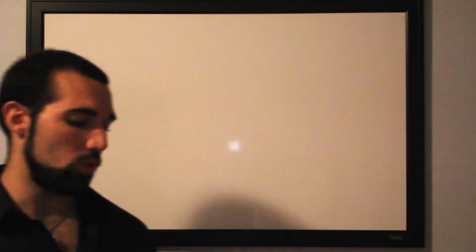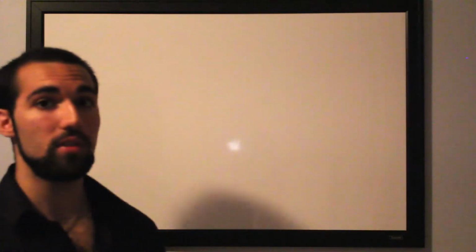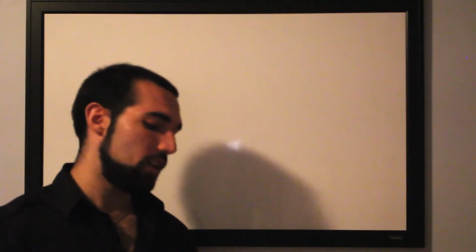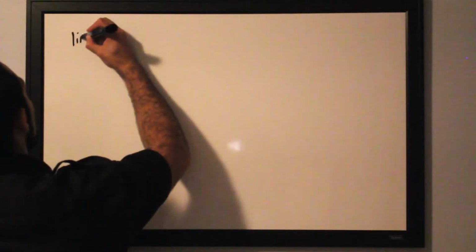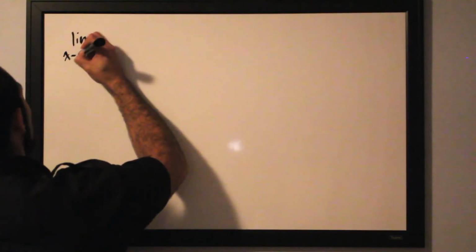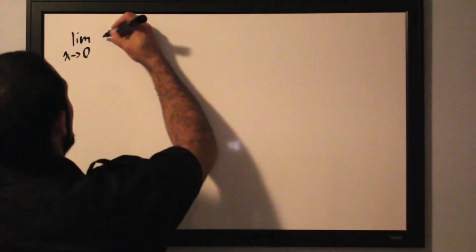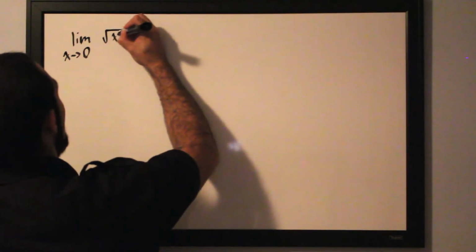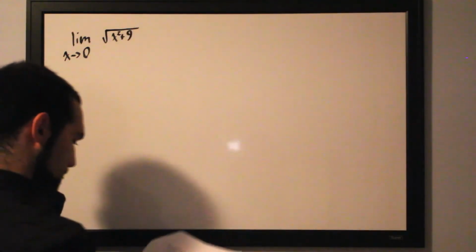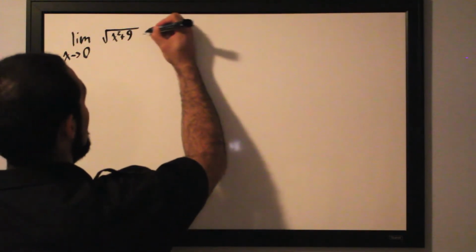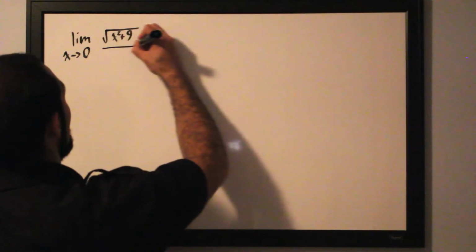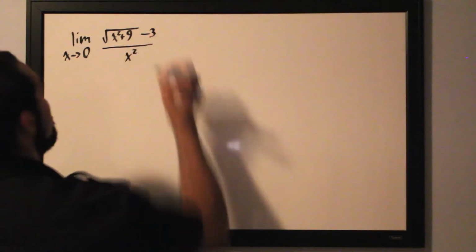So the last problem that I'm going to be evaluating in this introduction to limits is going to be something a little different. It's going to require a little more algebraic manipulation than anything that we've seen up until now. And that's going to be the limit as x approaches 0 for the square root of x squared plus 9 minus 3 over x squared.